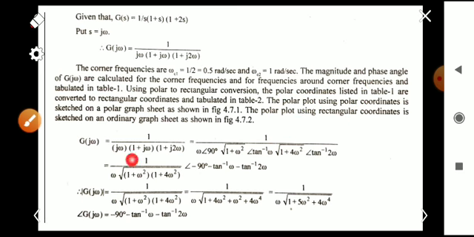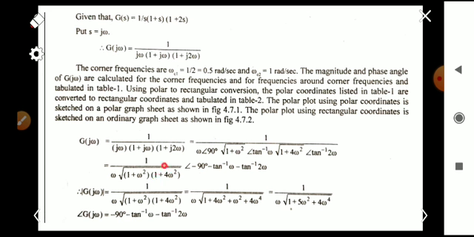Here a is 1 and b is omega, so it is the root of 1 + omega squared. Likewise, for the term 1 + j2 omega, the magnitude will be the root of 1 squared plus (2 omega) squared, that is the root of 1 + 4 omega squared.